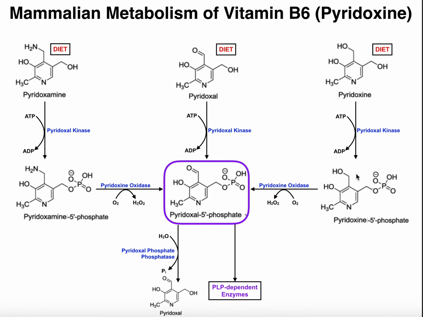This molecule requires an aldehyde up here at the top rather than a hydroxyl group. So we have to react it with pyridoxine oxidase. This is going to convert pyridoxine 5' phosphate into pyridoxal phosphate. Notice the alcohol is oxidized into an aldehyde up here at the top, and it uses the oxidizing power of molecular oxygen. In the process, we get out a hydrogen peroxide, which will be dealt with further via catalase.